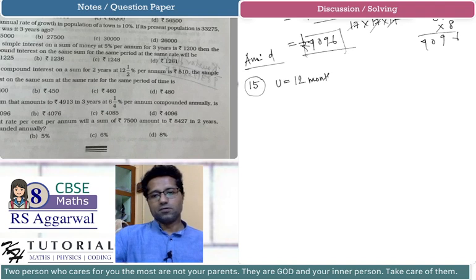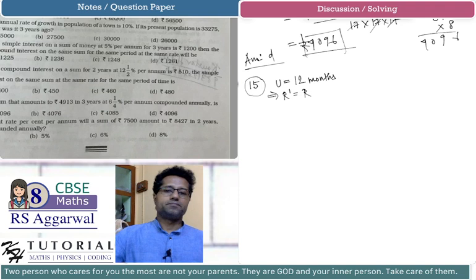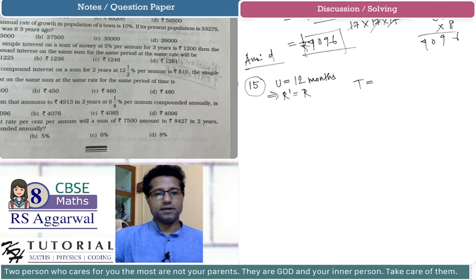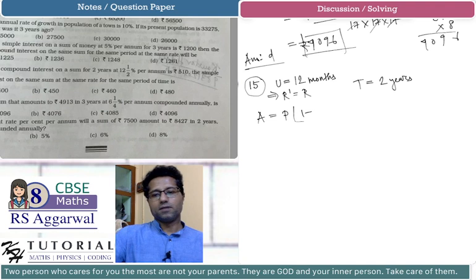This will imply that R dash is equal to R, which we have to find, and also since T is given to be an integer value, 2 years, the simplified formula for the amount is P into 1 plus R by 100 to the power 2.